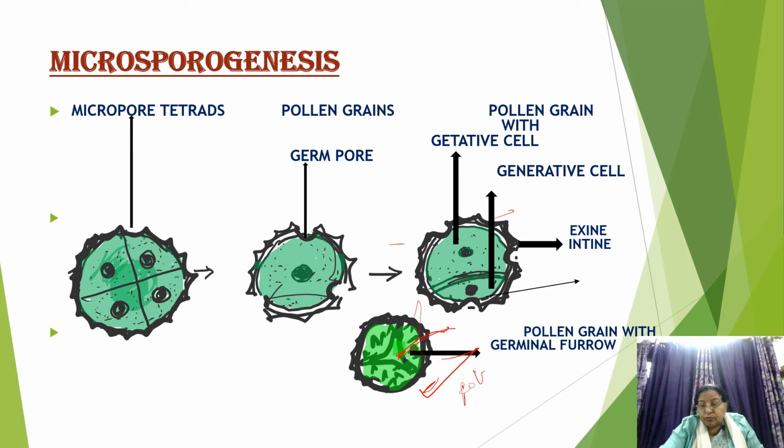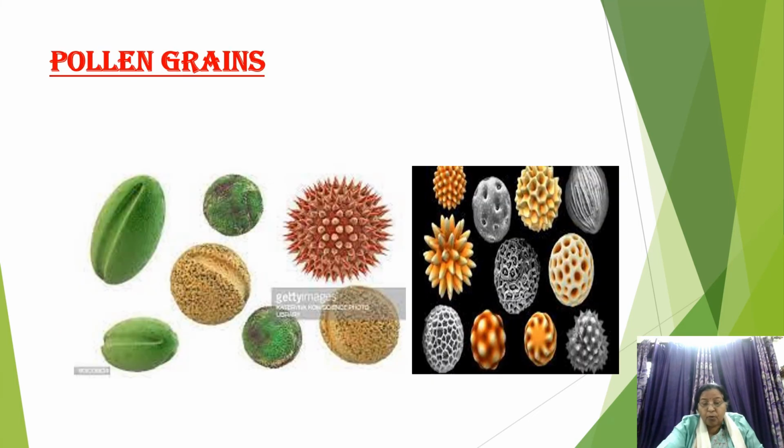Okay, now I'll show you some pollen grains, so beautiful pollen grains with a water resistant sporopollenin layer. So these pollen can survive through various unfavorable conditions, because they have to move and go to the stigma.